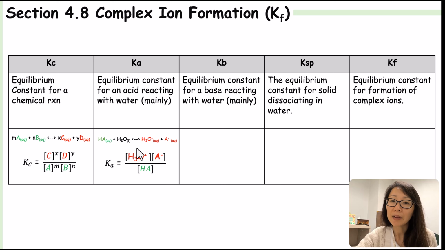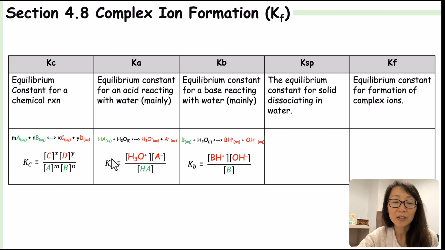That applied for Ka and Kb; the only difference is that you have a Ka value and a Kb value. For acid-base equilibrium reactions, water was often involved, and water was not expressed in the equilibrium constant expression because it was a liquid.